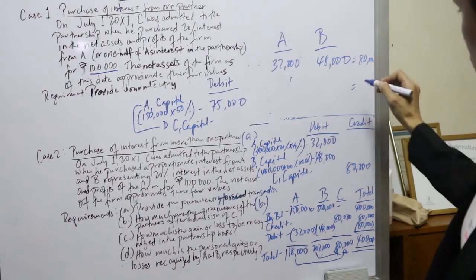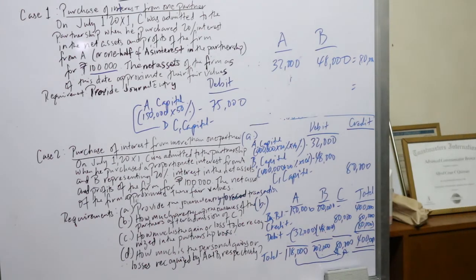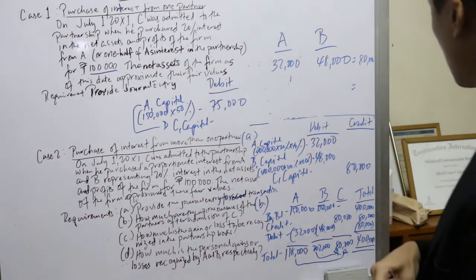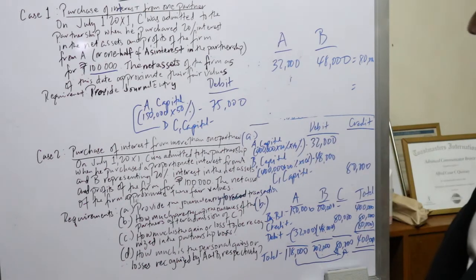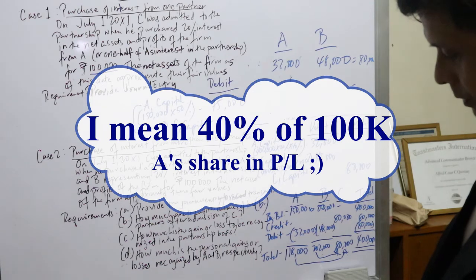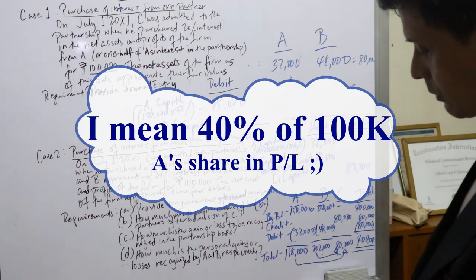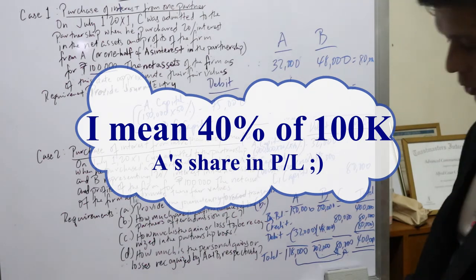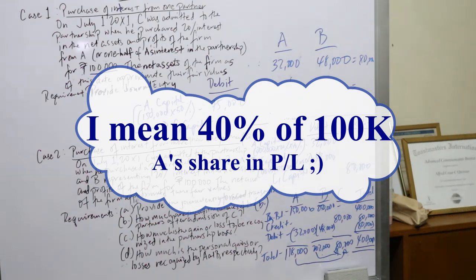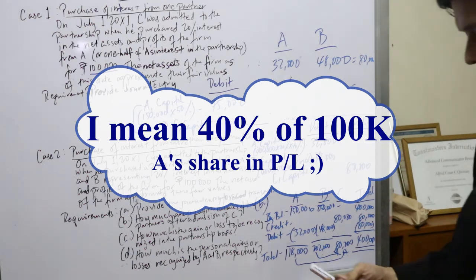So yung 80,000 na yon would be yung 100,000 na yon, that is 20% of this one. So compute tayo ngayon. So kukunin lang natin dito is 40,000.